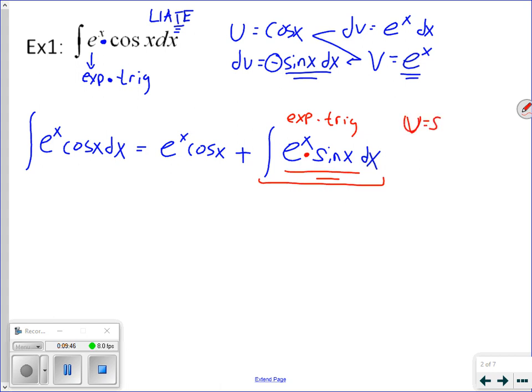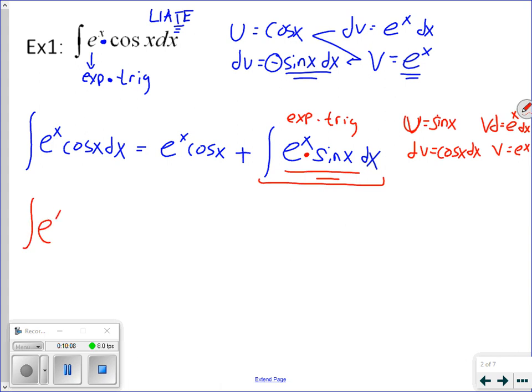I'm going to let u be sine of x, like I did earlier. I'm going to let du be cosine of x dx. I'm going to let dv be e to the x dx, and I'm going to let v be e to the x. So let's rewrite this bad boy.